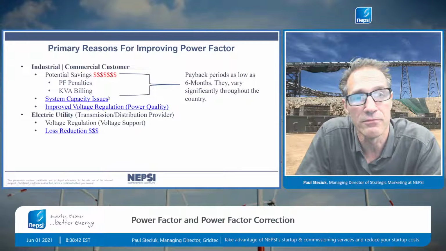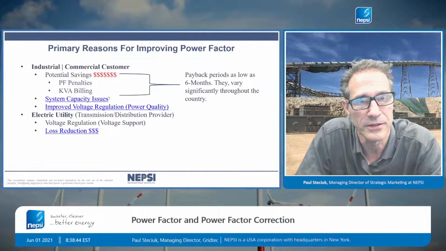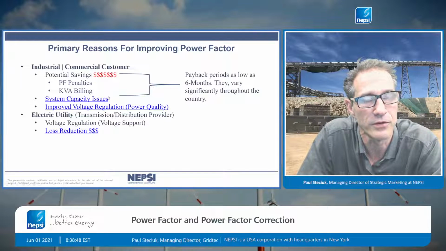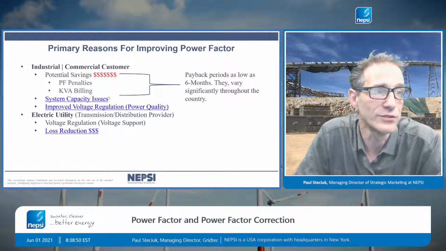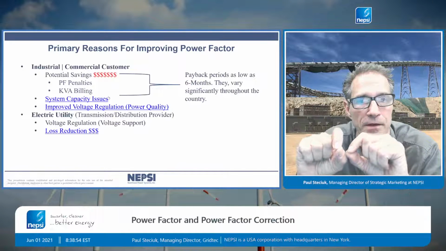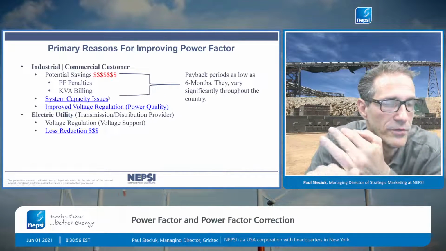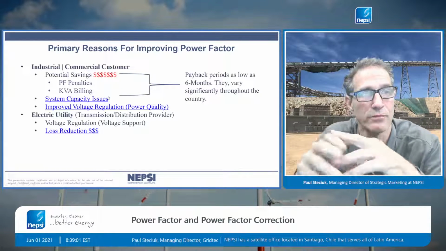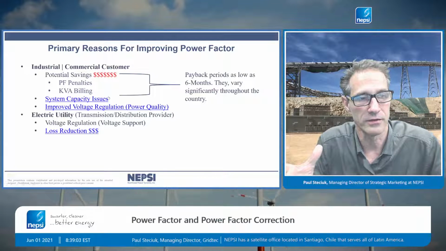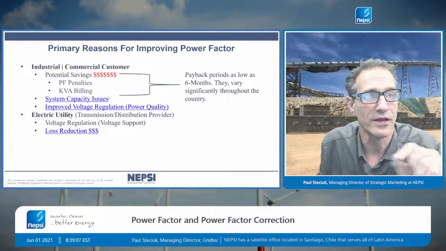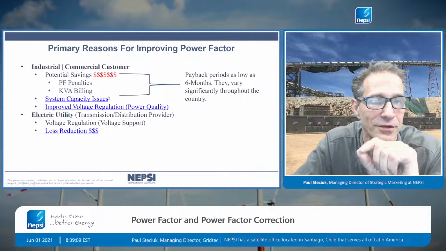KVA billing tends to be more costly to the industrial customer than power factor penalties. So power factor penalties, what you often see is they'll take the KW. Utility bills have a KW demand, which is the maximum 15-minute KW demand in the system, and they'll divide that by the power factor. They divide by the power factor.